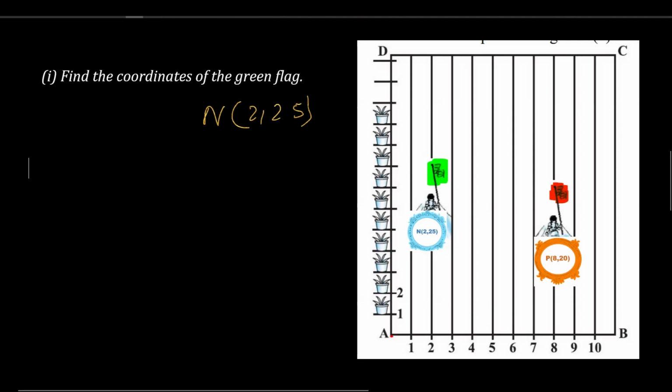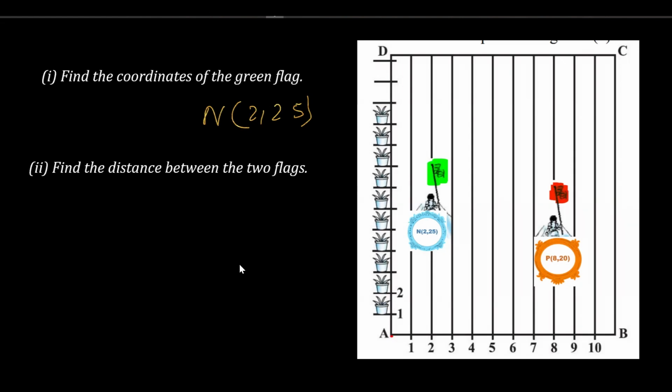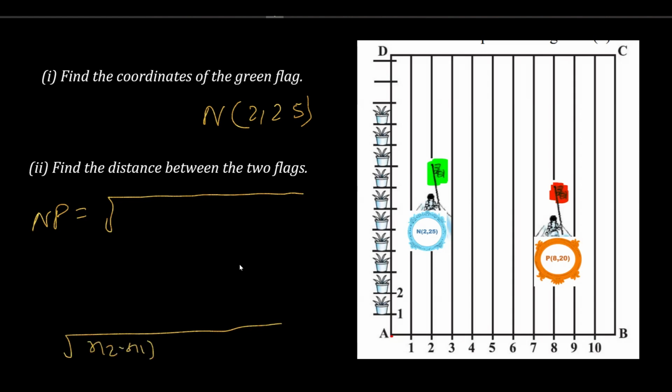Now the second question is, what is the distance between the two flags? So we are going to apply the distance formula and say NP is what we have to calculate. The distance formula is the square root of x2 minus x1 whole square plus y2 minus y1 whole square.